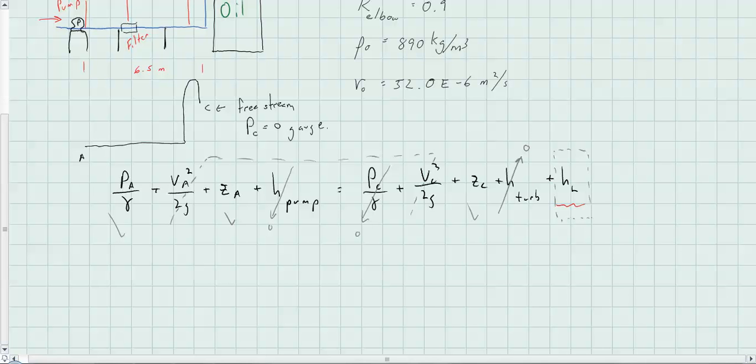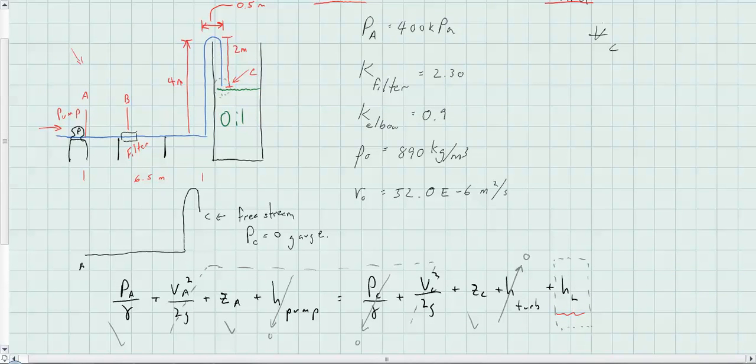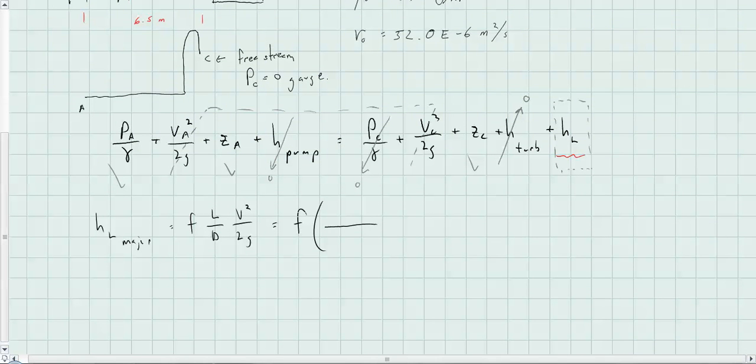So HL major is equal to friction factor times L over D times V squared over 2g, which can then be simplified to friction factor, the diameter of the pipe, I should have told you that before, the ID is 50 millimeters. So as we go back down to that equation, in the denominator, this would be 0.05 meters.